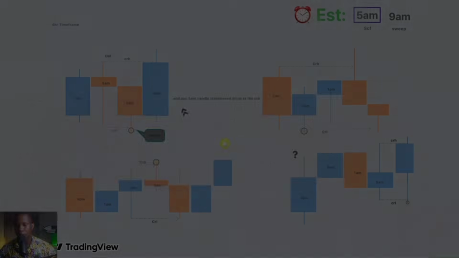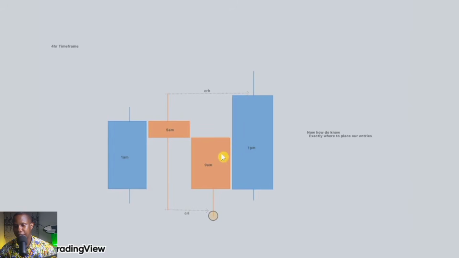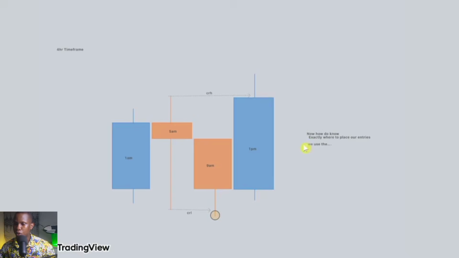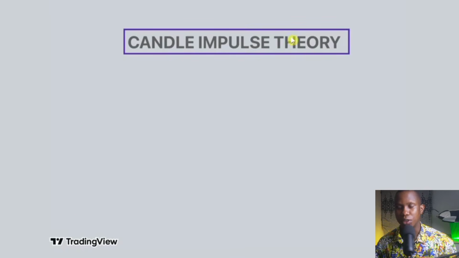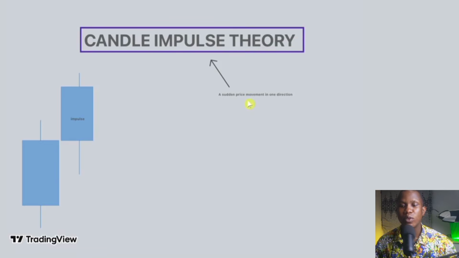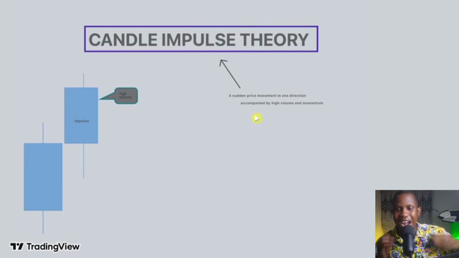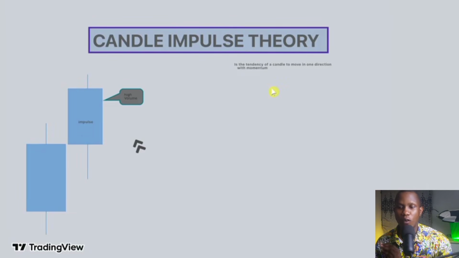It's easy. Now, how do you know exactly where to place your entry after this guy was swept? We use the CIT model, which is candle impulse theory, guys, which is a sudden price movement in one direction accompanied by high volume and momentum. It is simply the tendency of a candle to move in one direction with large momentum.